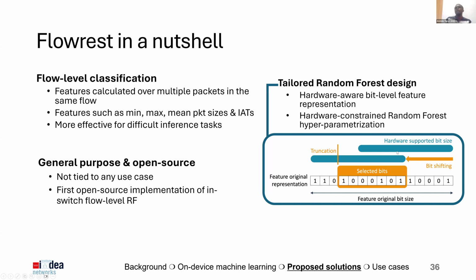Here, for example, I illustrate one of the techniques that we implemented for feature compression. Let's say we have a feature that is 32 bits, and we want to fit this feature into a unit of TCAM for a range match, which is just 20 bits.